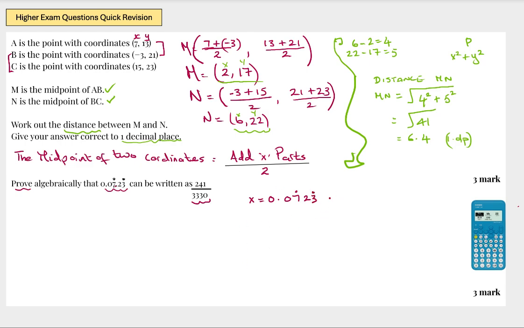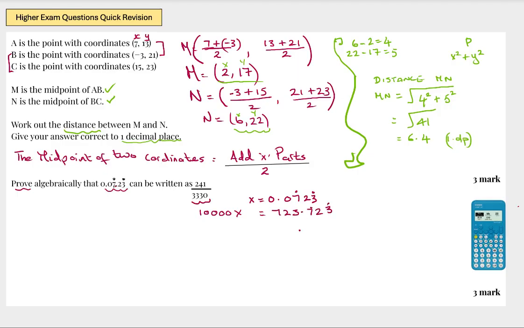Okay, so there we go. Now I need to get rid of these recurring decimals because there isn't any there. And to do that, I'm going to multiply it by 10,000. So if you multiply this by 10,000, you are going to move the decimal places and it will look like this.